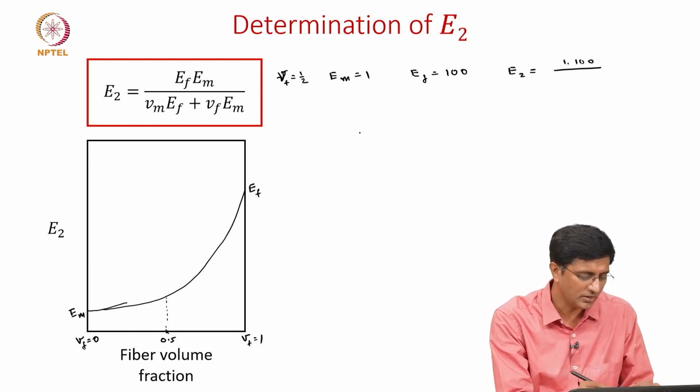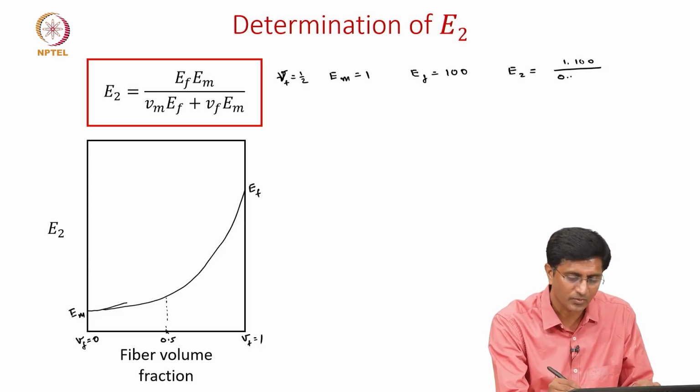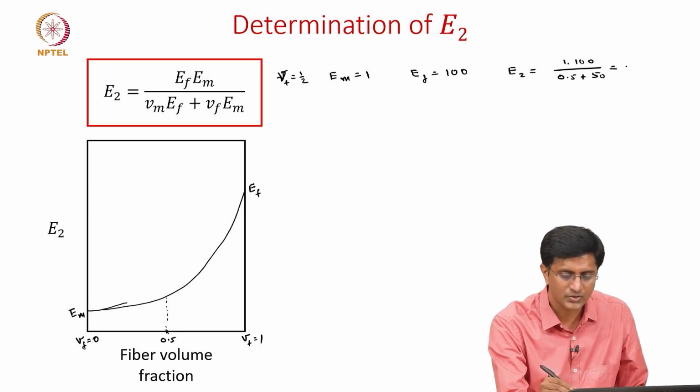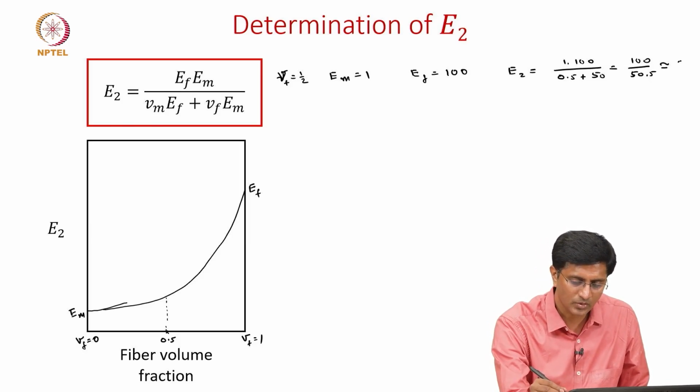So it is half of 1, so 0.5, plus half of 100 is 50. So it is around 100 by 50.5. I would approximate it to close to 2.